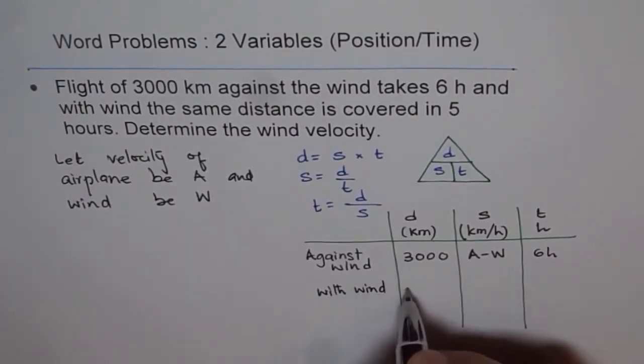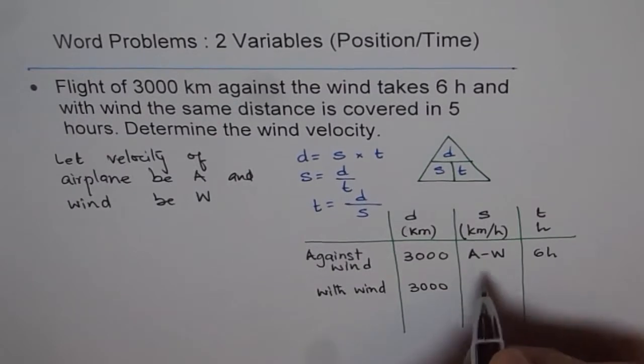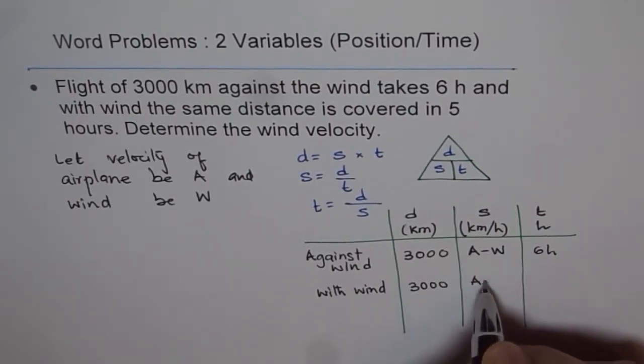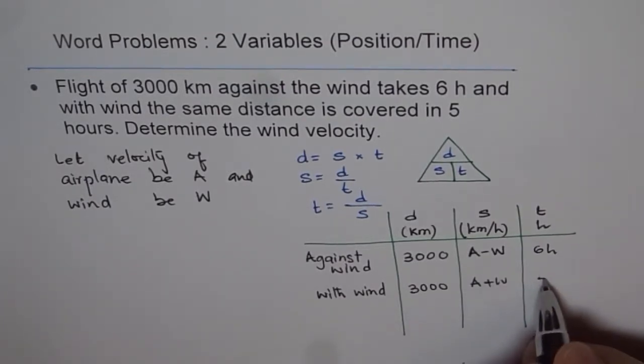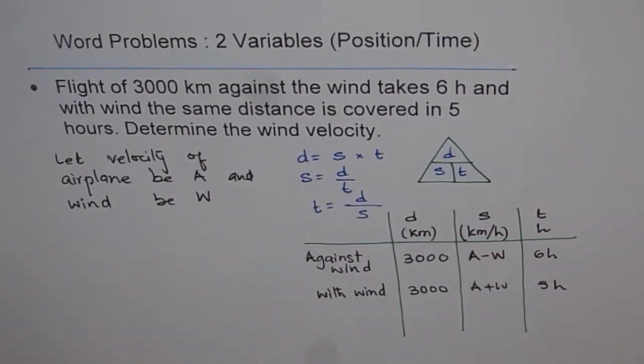With wind, same distance, 3000. The velocity should be more because wind is going to help the plane to move faster. And therefore, it takes less time, 5 hours. Makes sense, right? So that is how we can translate the given information in tabular form.